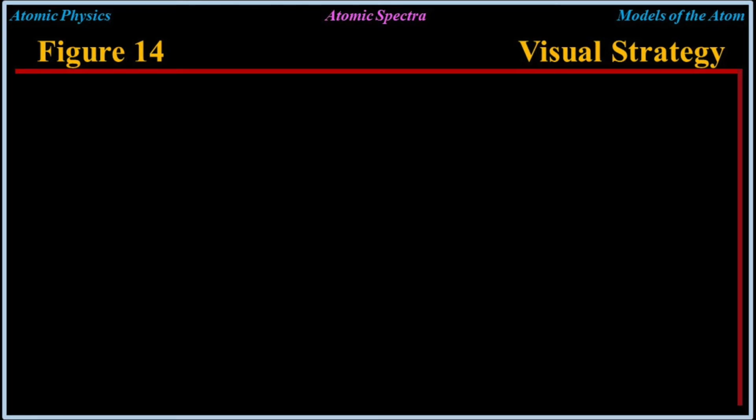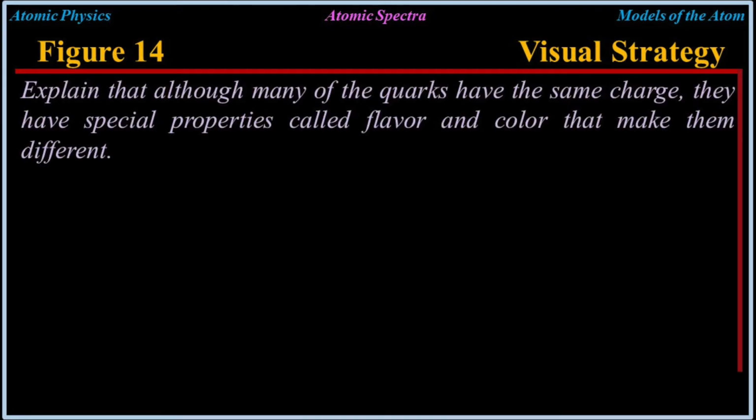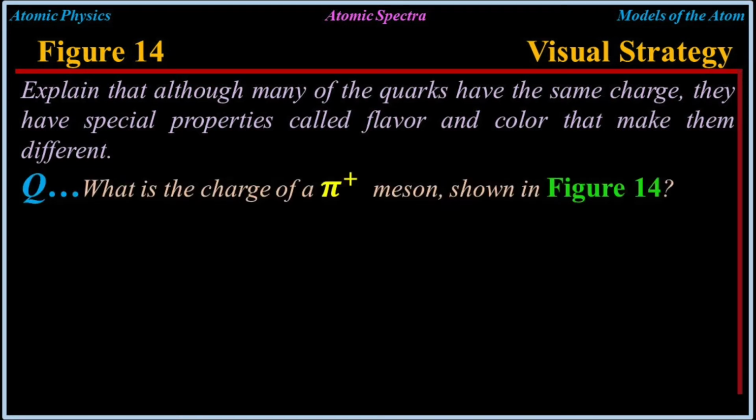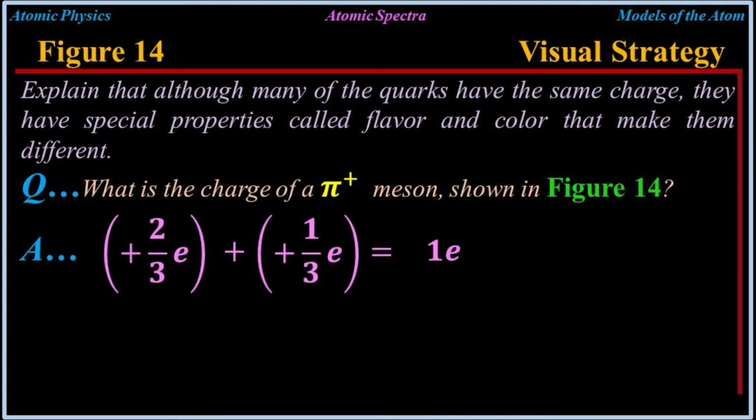Figure 14, visual strategy: explain that although many of the quarks have the same charge, they have special properties called flavor and color that make them different. Question: what is the charge of a pi plus meson shown in Figure 14? Answer: 1 e, because it's plus 2/3 e plus 1/3 e equals 1 e.